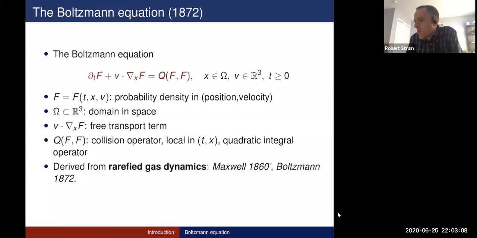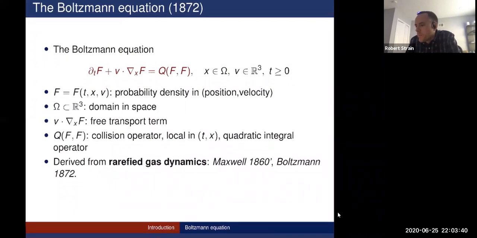The unknown F is a probability density in position and velocity. v · ∇_x F is thought of as a free transport term, and Q(F,F) is a complicated quantity called the collision operator. It's local in t and x, and it's a quadratic non-local integral operator. So this is the equation that we'll study.